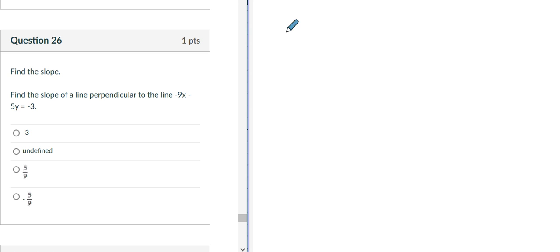Question 26, not 29. And then we will have negative 9x minus 5y is negative 3.